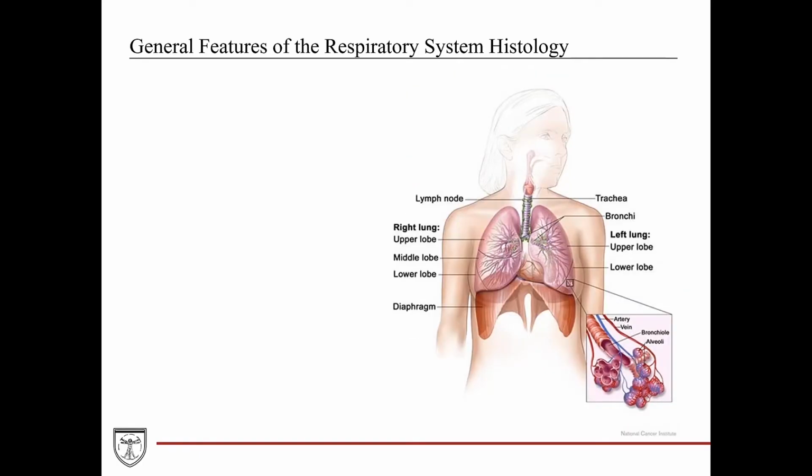Looking at the histology of the respiratory system in general terms, we know that the respiratory tract is really nothing more than a series of tubes with wall composition that can vary depending on their location and function.